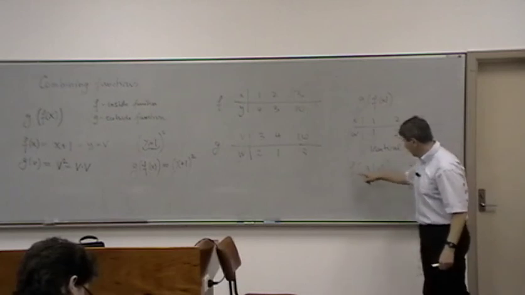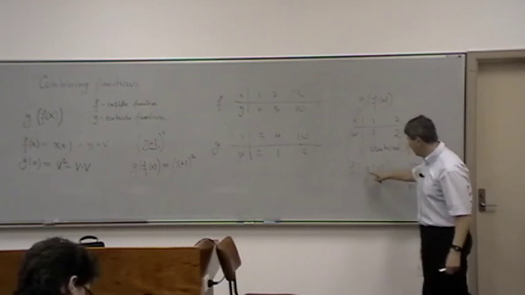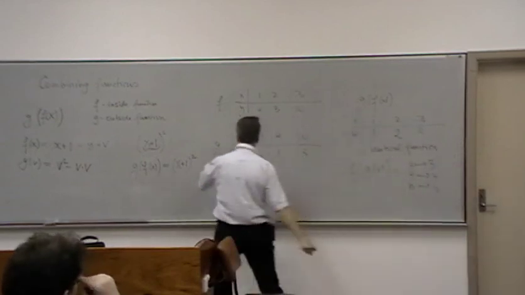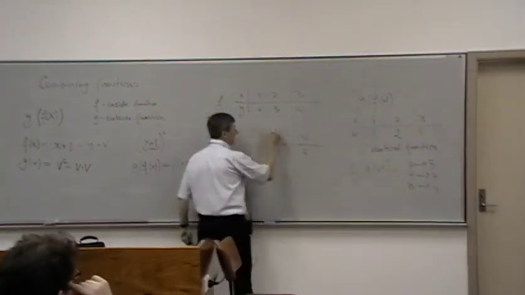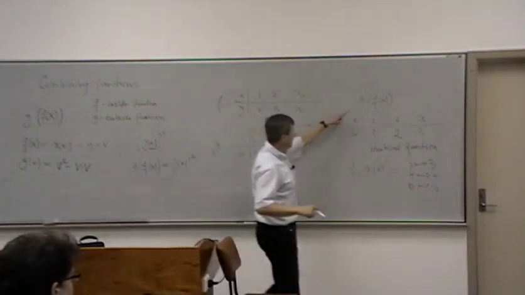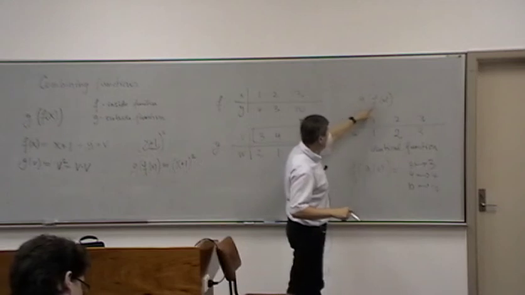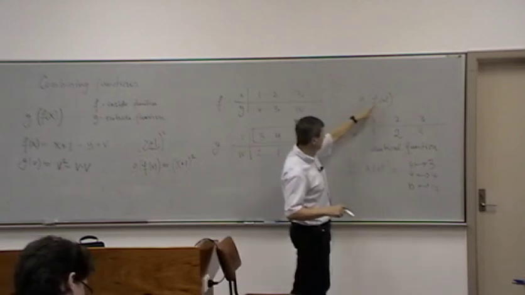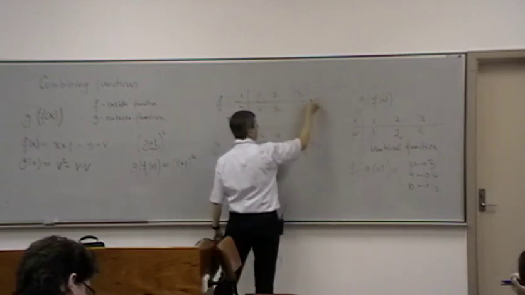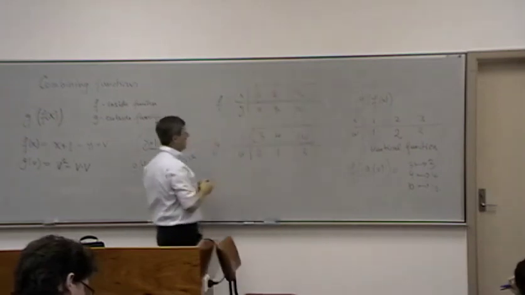g followed by f. This composition with g inside function, f outside function, is the identical function defined on the domain of g, and f followed by g in this order, first f then g, is the identical function defined on the domain of f.